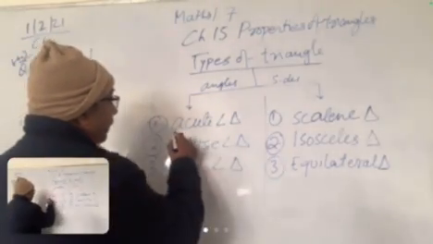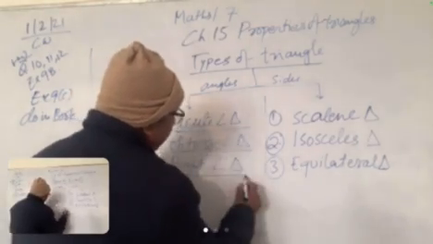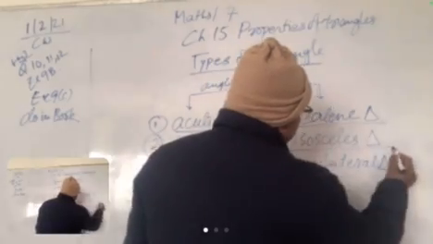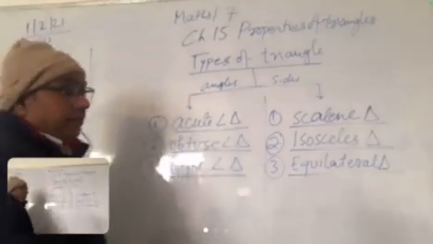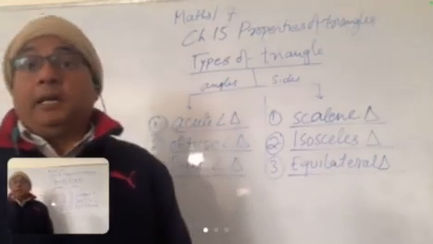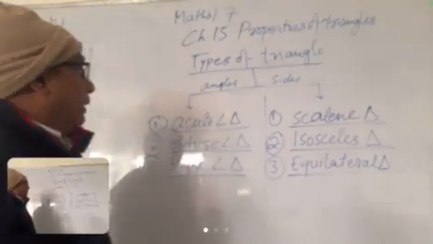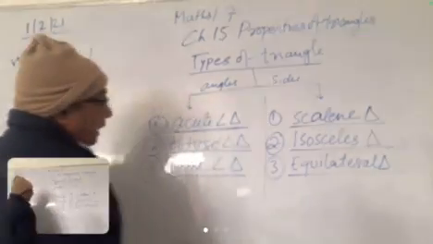First is acute angle triangle, second is obtuse angle triangle, third is right angle triangle. Now the side base is scalene, isosceles, and equilateral. And each and every one, either angle based or side based, has properties.